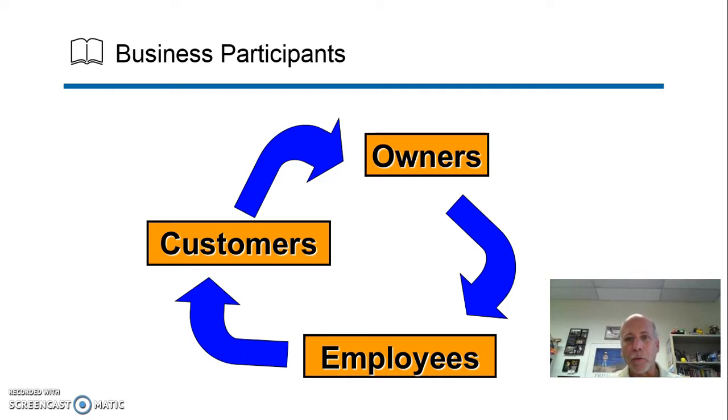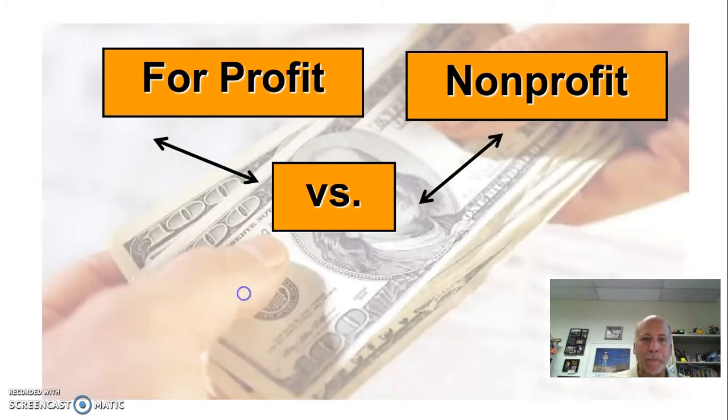I can't do all the work myself, so I hire employees to do it. And these three entities work together to provide a profit to the owners. The customers buy the product, the employees work hard and get paid, and the owner does the same and then makes a profit as a result of his or her activity.